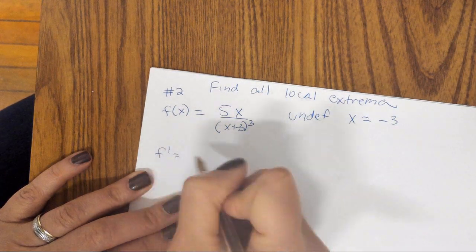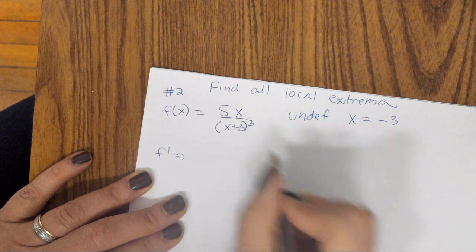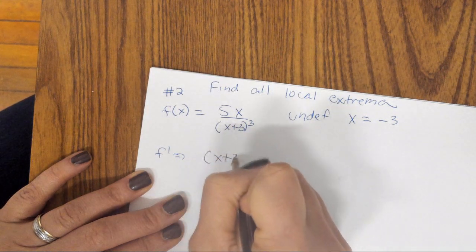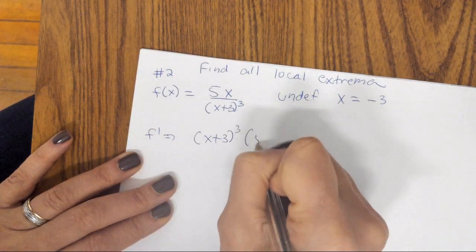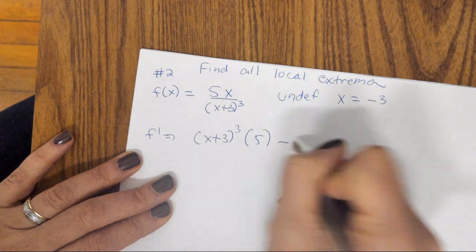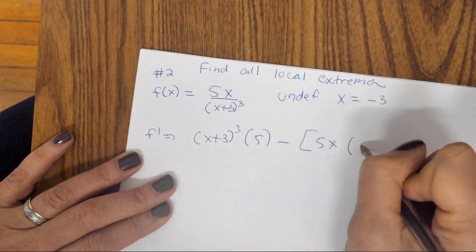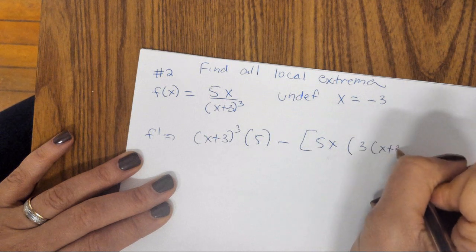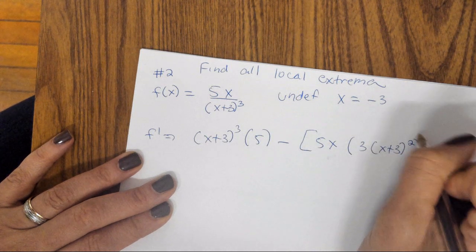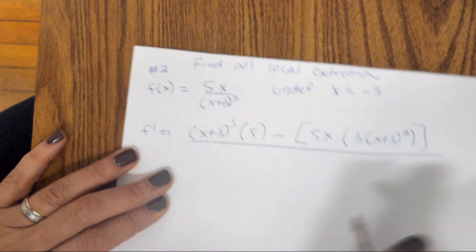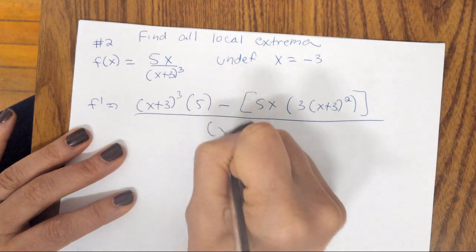So to find f prime, we have to do low d high minus high derivative of low, all over low, low.